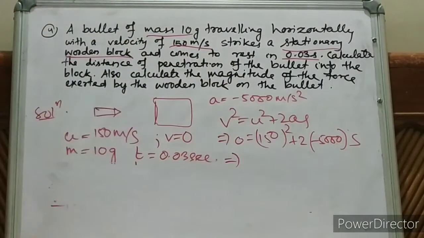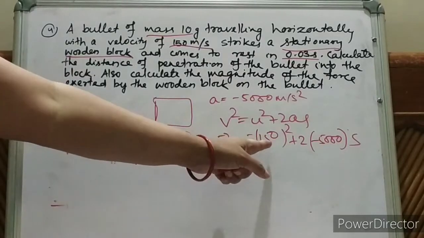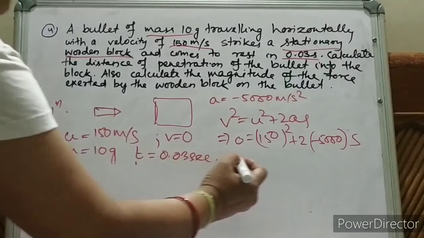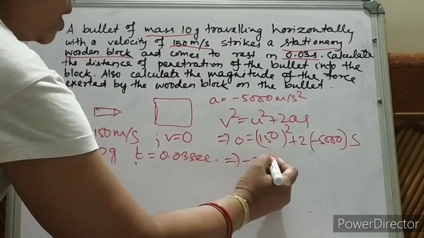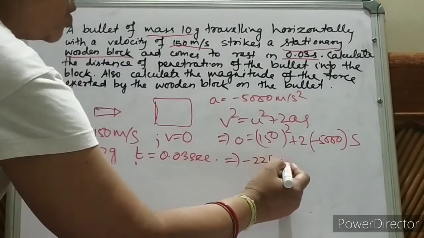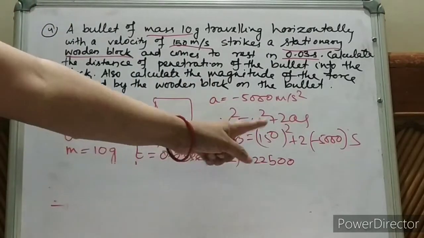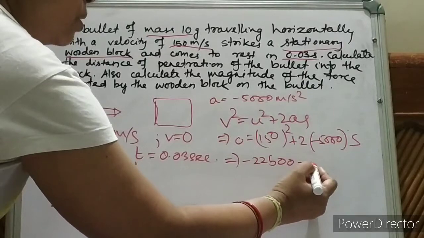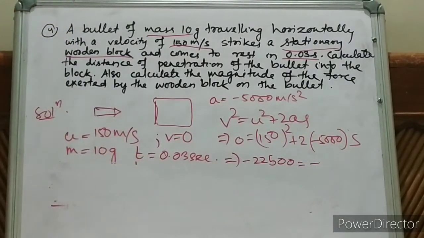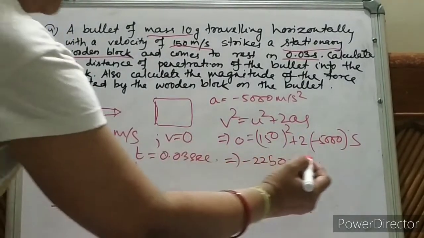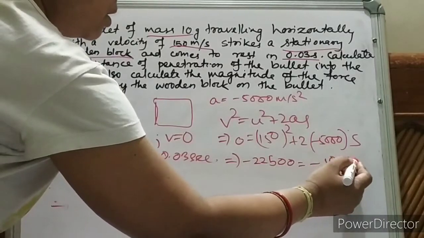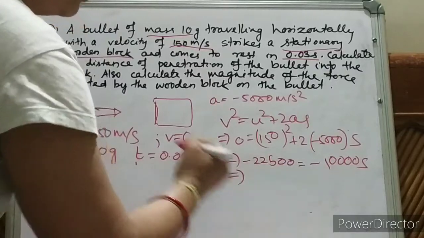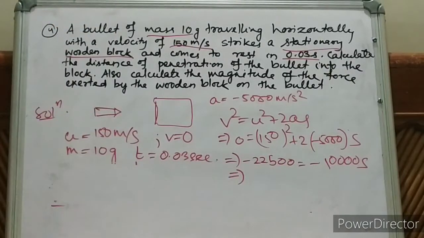Just do the simple calculations. Take this to this side. So how much? Minus 150 square, 15 into 15 is 225, then two zeros. This is equal to minus 10,000 s.